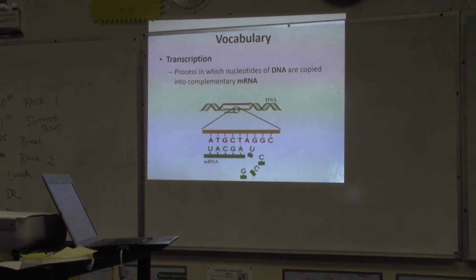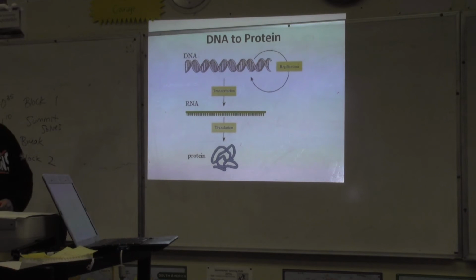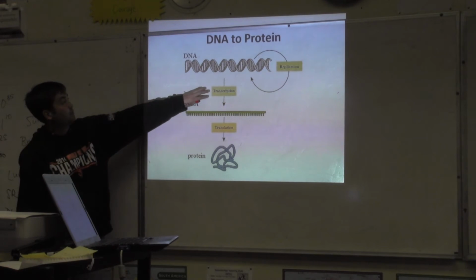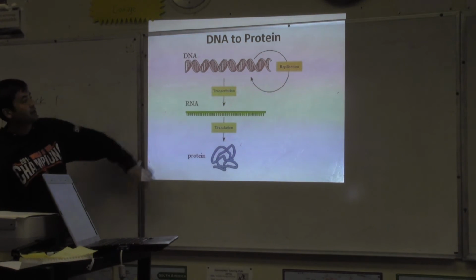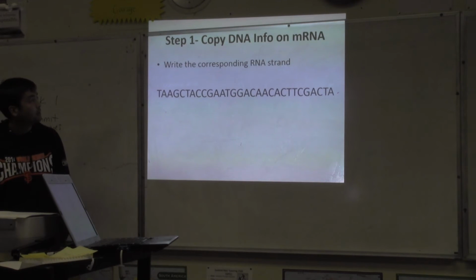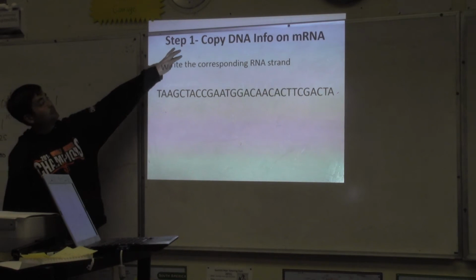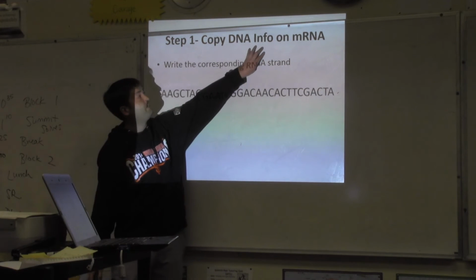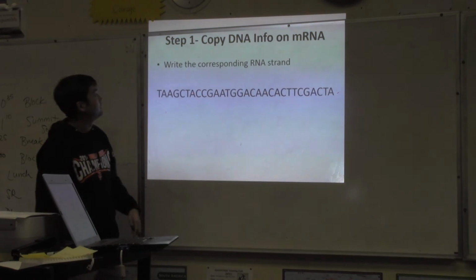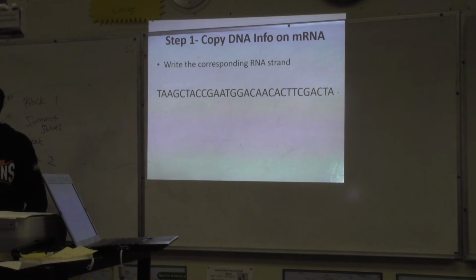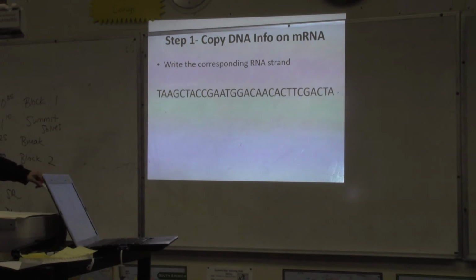All right, great. So let's talk about how this process of transcription, of turning our DNA into RNA, actually happens. The very first step is that we copy the DNA info onto the mRNA. What we're going to do is write in the corresponding RNA strand.